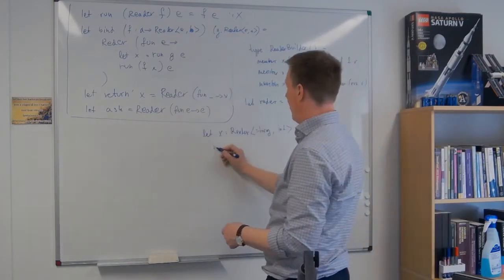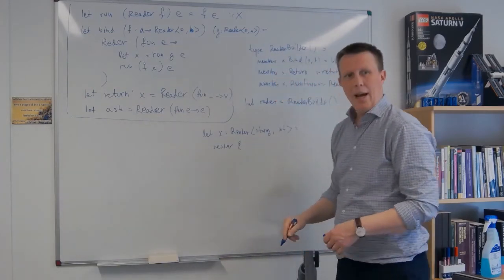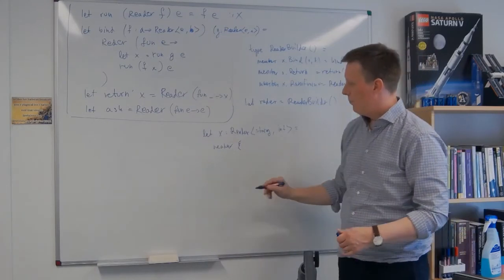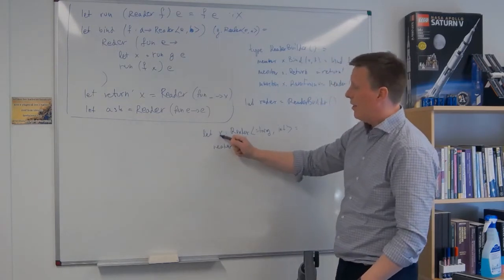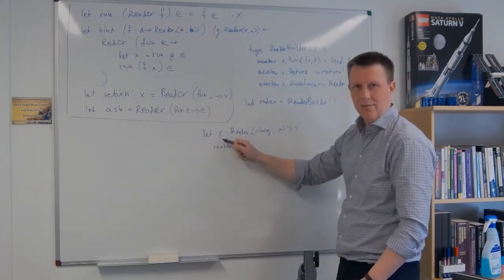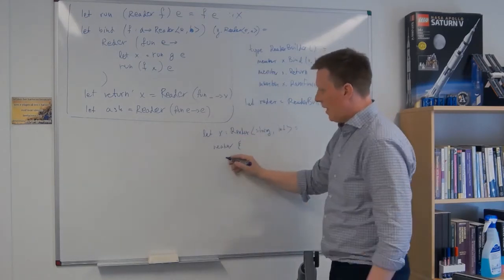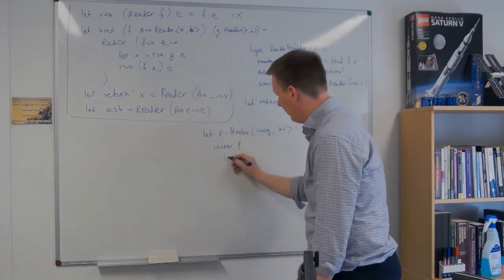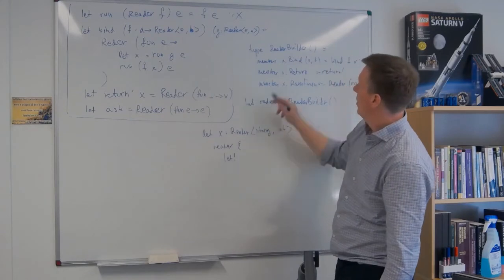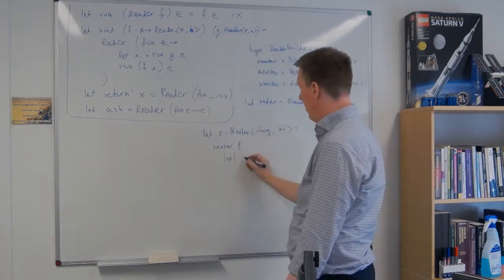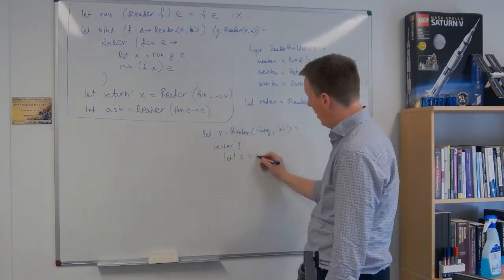So let's see. Then I can say reader curly brace, and now the magic happens. Remember that this x here is a value, but it's a function value wrapped in the reader. Now I can say things like this: let bang, that invokes bind, I'm just going to say e, ask.